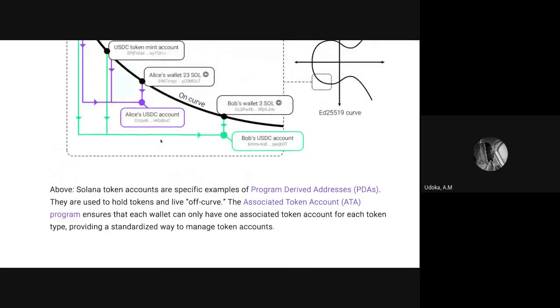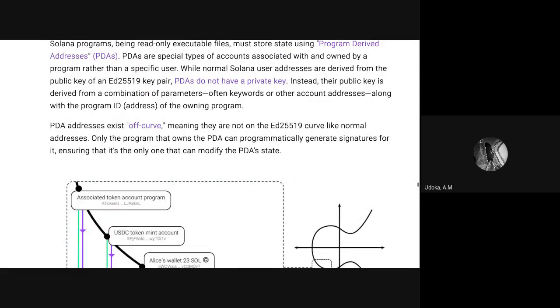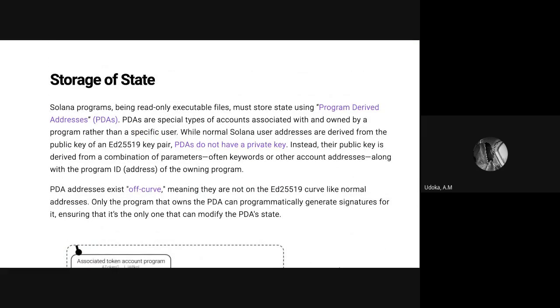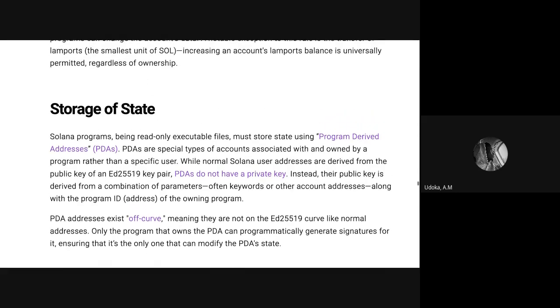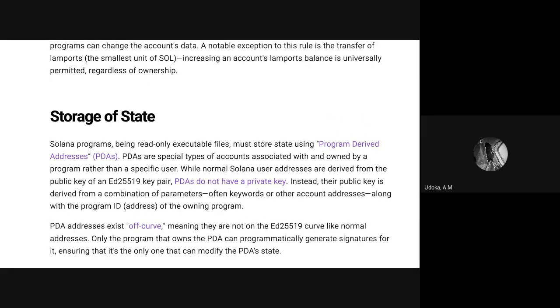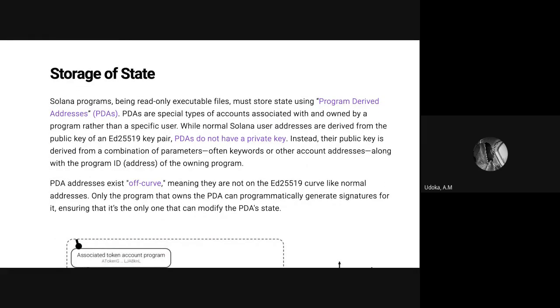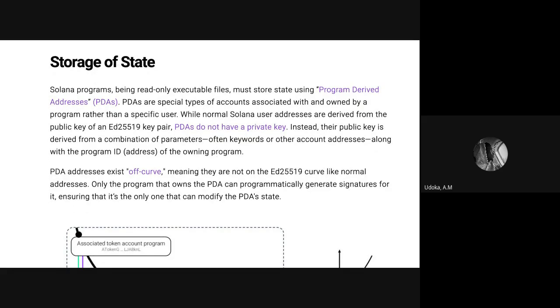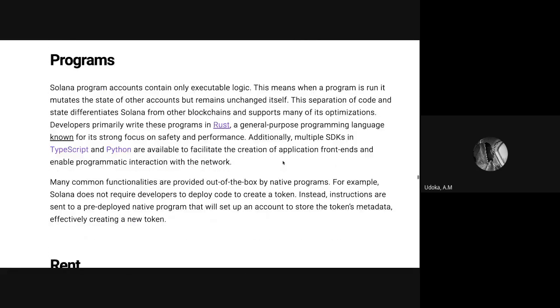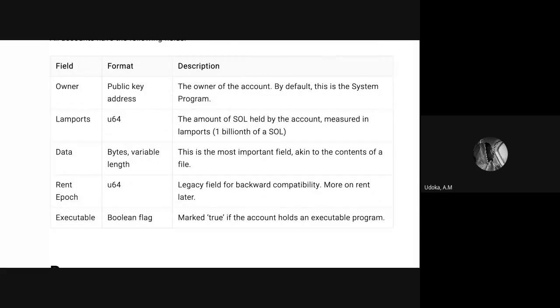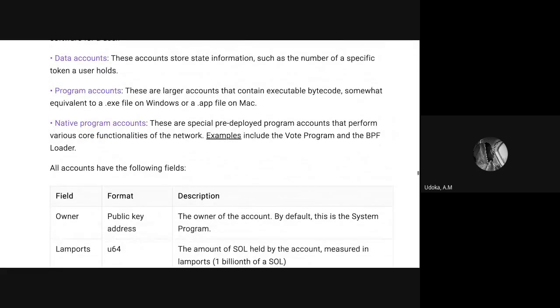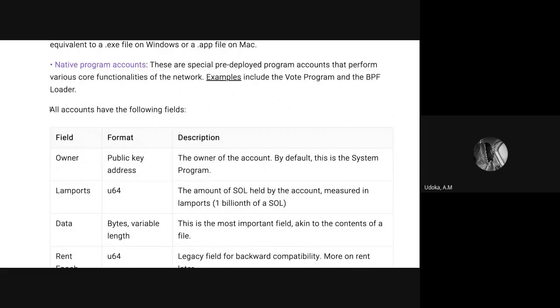Now PDAs, understand this, do not have a private key. Coming back here to account structure, all accounts have the following fields on Solana.